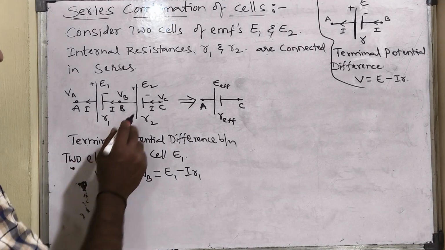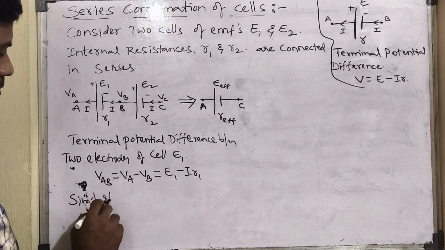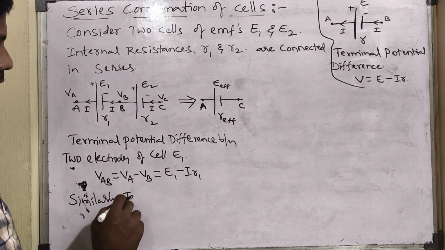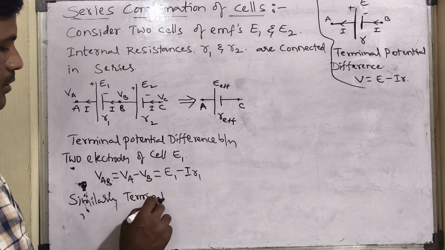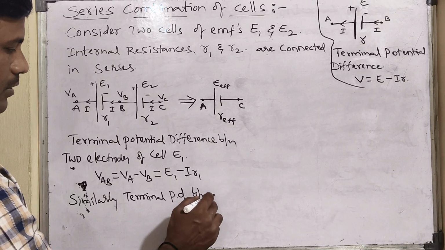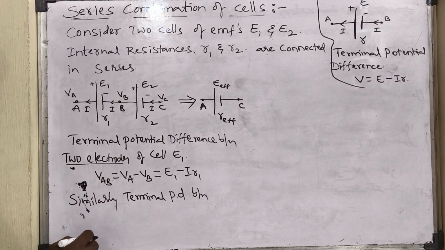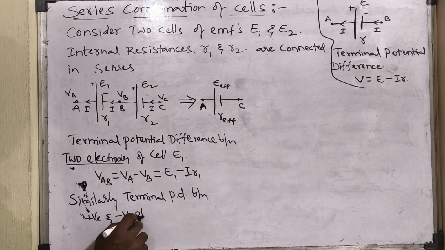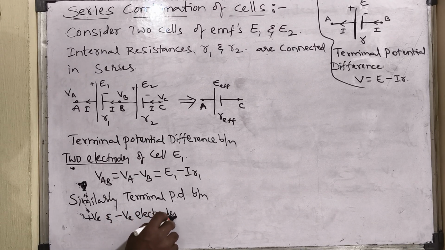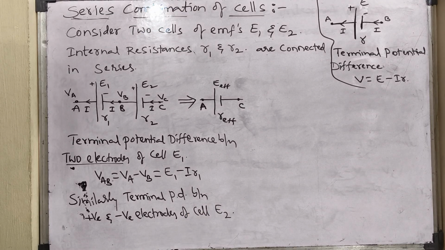Similarly, the terminal potential difference between the positive and negative electrodes of cell E2 is VBC, with the same formula.